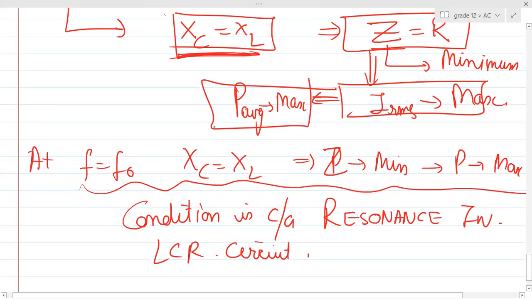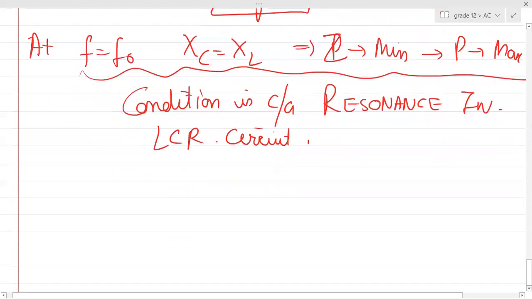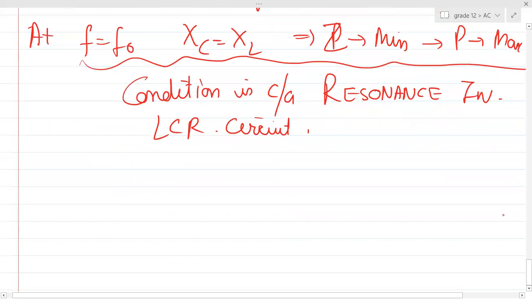They act in opposite directions, so they cancel each other's effect. This condition is called resonance in an LCR circuit. Is this clear, guys?